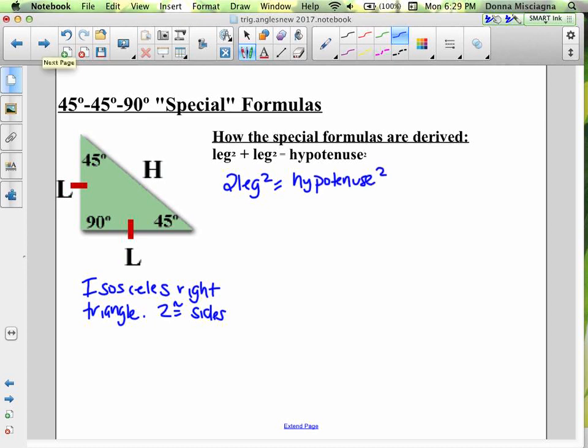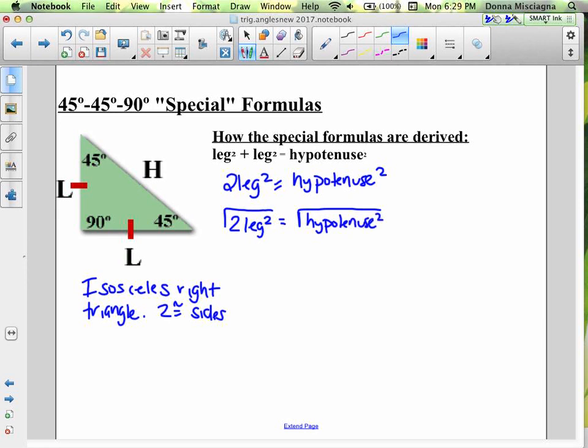But we're not looking to have things squared. For solving, we want to take the square root of both sides. I'm going to take the square root of 2 leg squared, and I'm going to take the square root of hypotenuse squared.